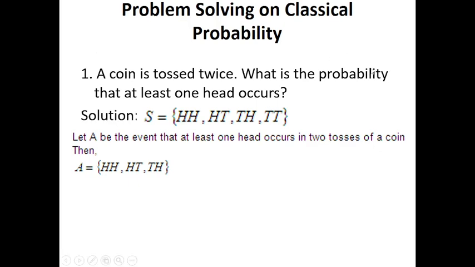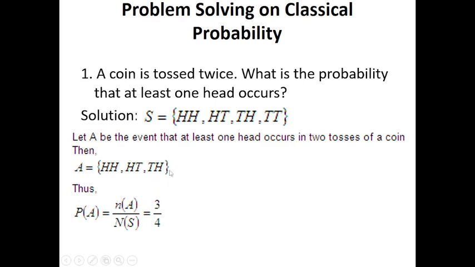So, now we can compute the probability that at least one head occurs. Using our formula, the classical probability rule, we just divide the total number of possible outcomes for event A over the total number of possible outcomes for the sample space. Okay? So, in this case, we have 3/4. Let us count: 1, 2, 3.